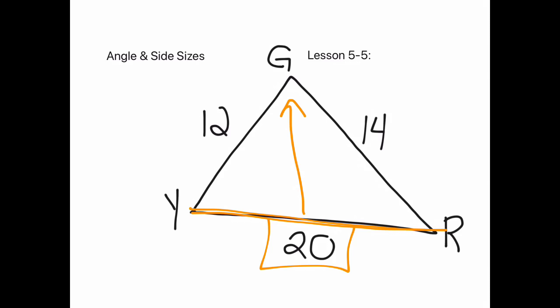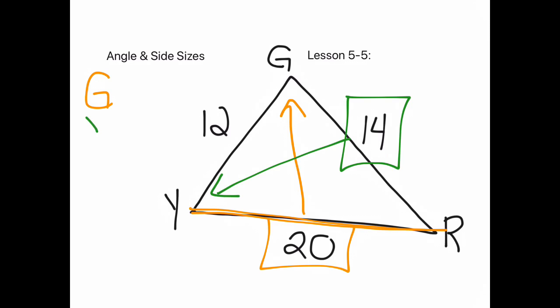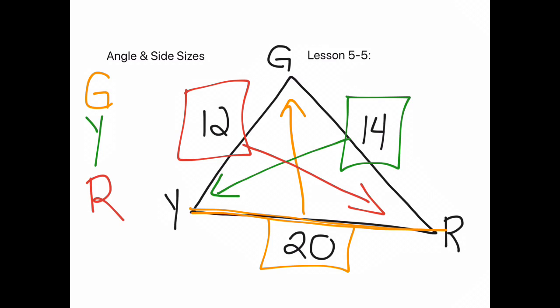So in lesson 5-5, they actually ask you to list the angles from largest to smallest. So our largest angle would be G, and then our next largest angle would be across from 14. So it would be Y, which would make our smallest angle across from our smallest side, which would be R. So in order from largest to smallest would be G, Y, R.